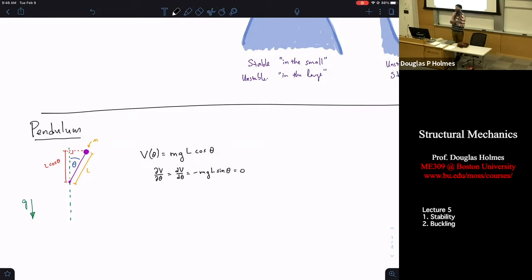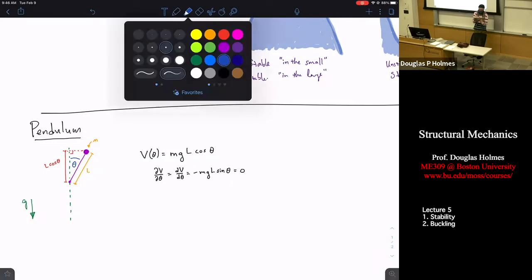Equilibrium requires us to take the first derivative of our total potential energy with respect to our degree of freedom and set it equal to 0. And so I'm left with asking the question, what angles give me this side of the equation equals 0? Pretty simple.